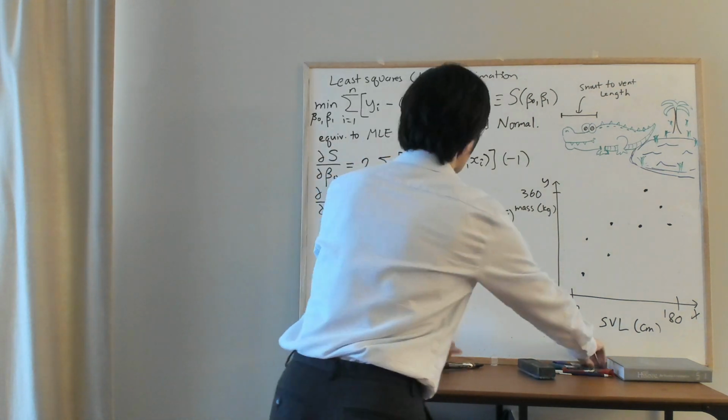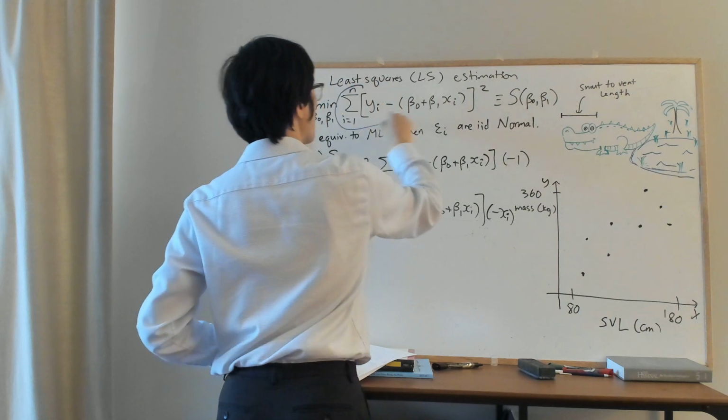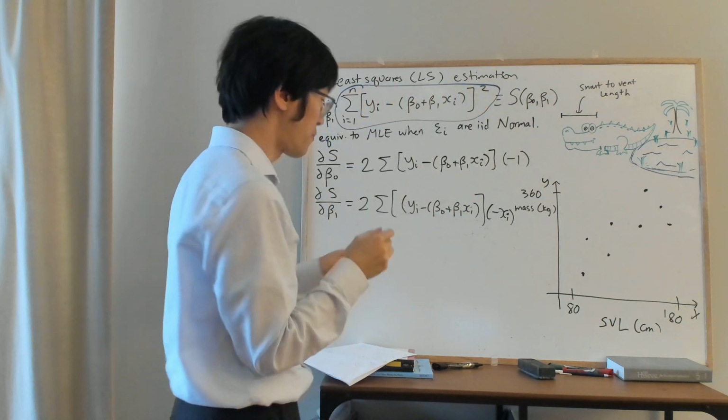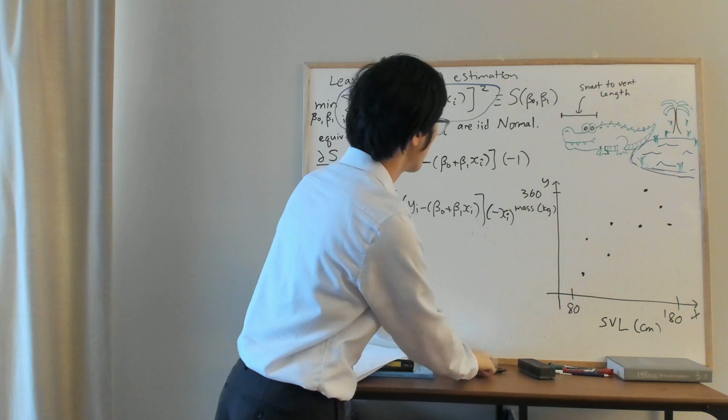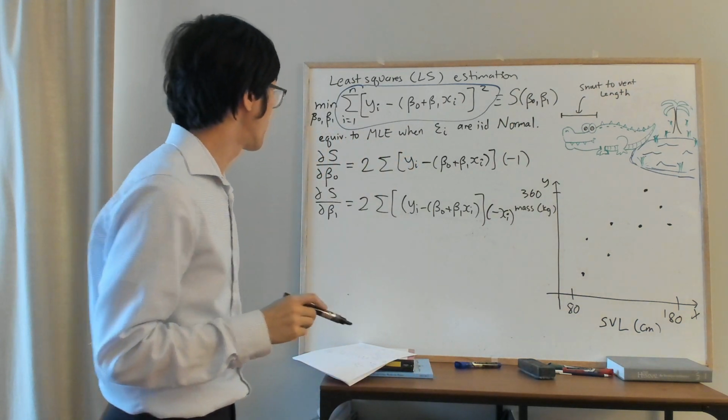Okay, so let me just pause here. This S function is referring to this objective, and we've taken its partial derivatives. So the next step is to set these derivatives to 0.